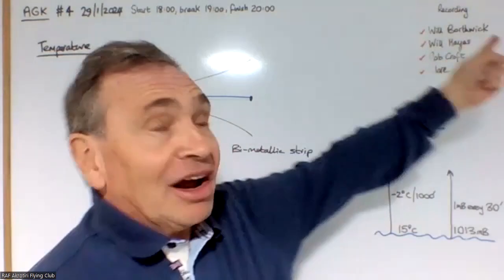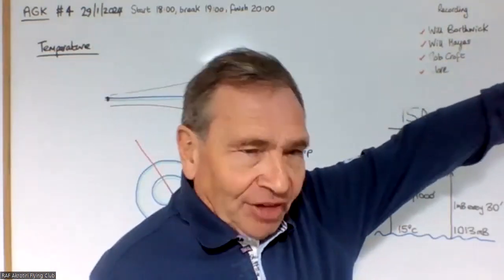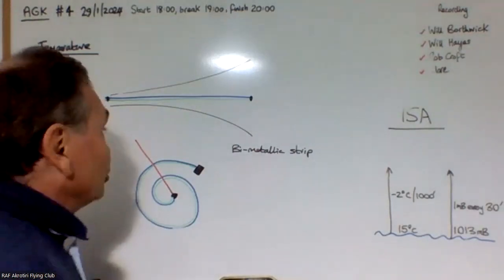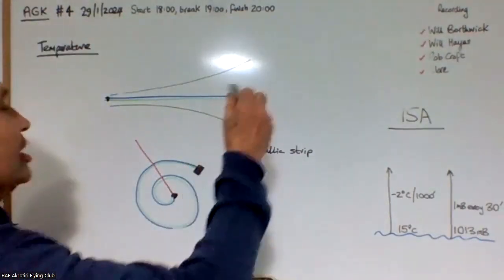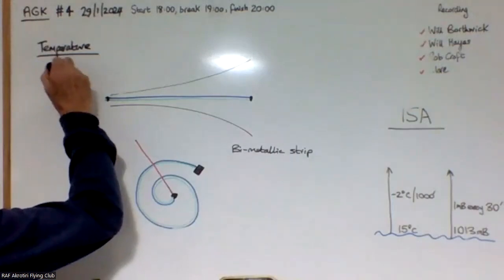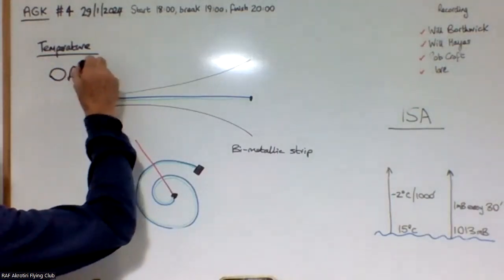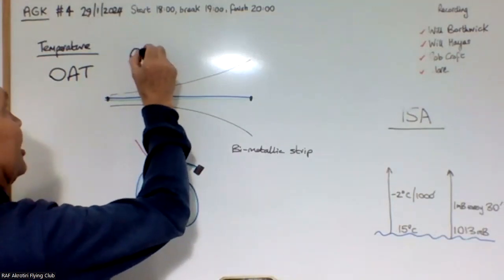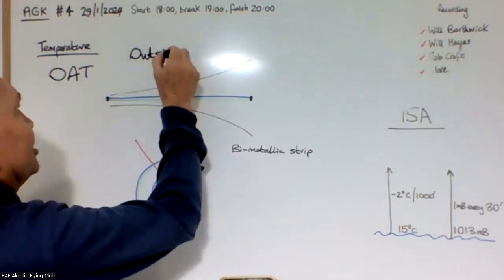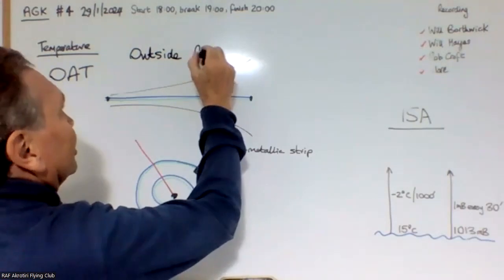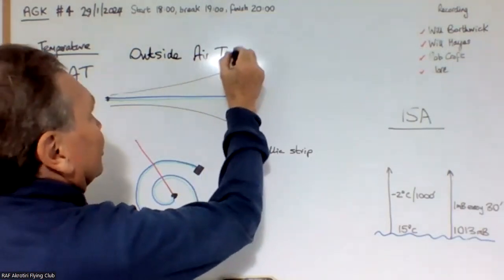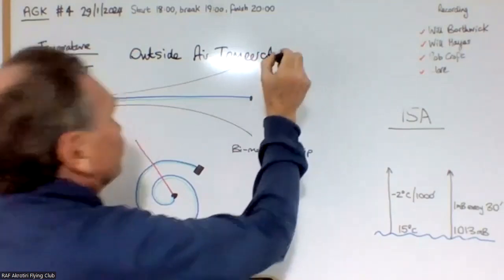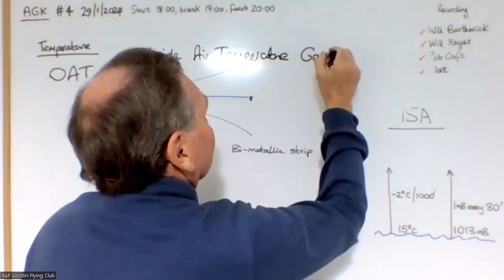It's stuck right up over on the extreme edge of the plane, because it's the OAT, in other words, the outside air temperature gauge.